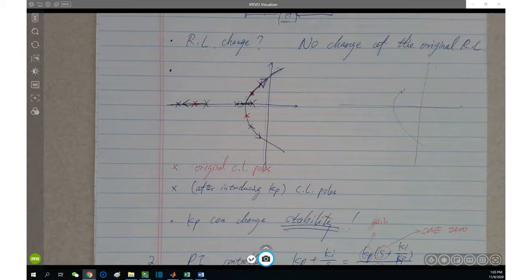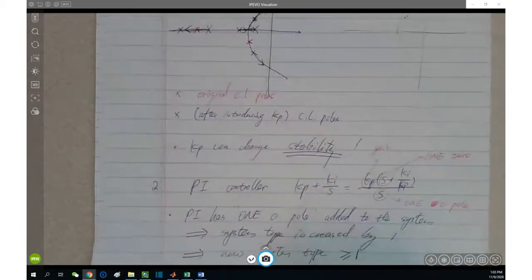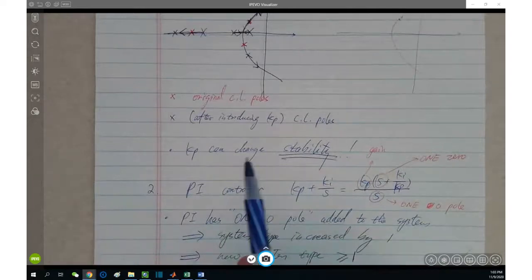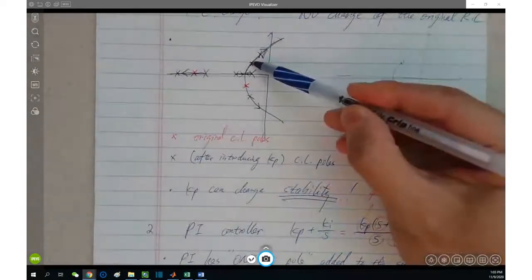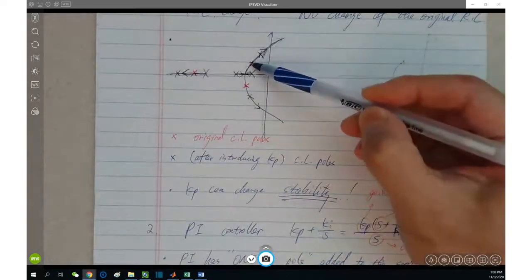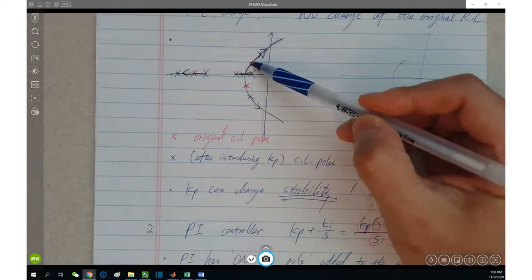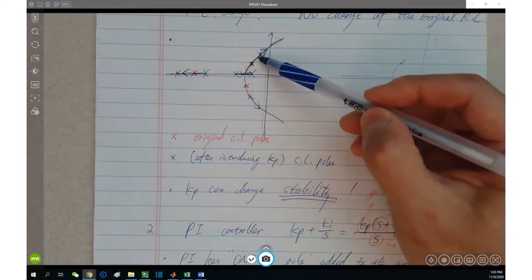And what else can the P controller do? A P controller can change the stability. From the example we had, the original closed loop poles are at red. After adding P, it pushed them to the blue.